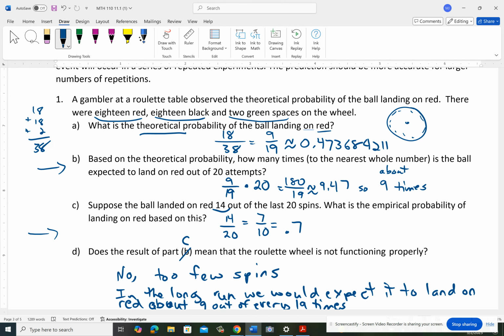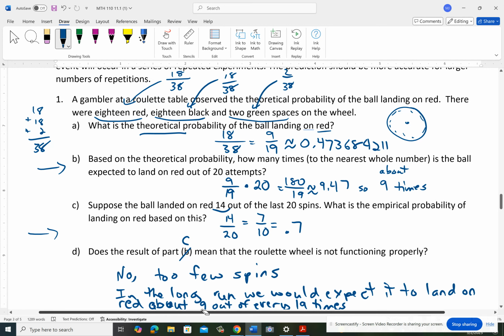Because if you don't wind up having the actual data match the theoretical probability of each of these, this would be 18 out of 38 for red, and then the chance of getting green would be 2 out of 38. If the actual probability didn't come close to those when the spinner was spun millions of times, then you would be suspicious that the wheel might not be functioning properly. Okay?